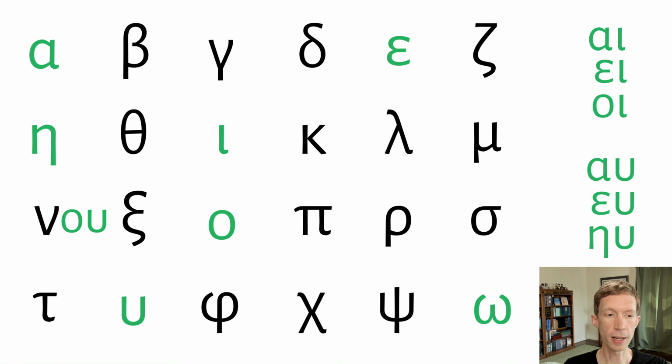Remember, this one is not like a V, it's like a letter N. Nu. This is confusing. It will take practice to get this down. Nu. Mu. Lu. Ku. Thu. Gu. Du. Tu. Fu. Psu.